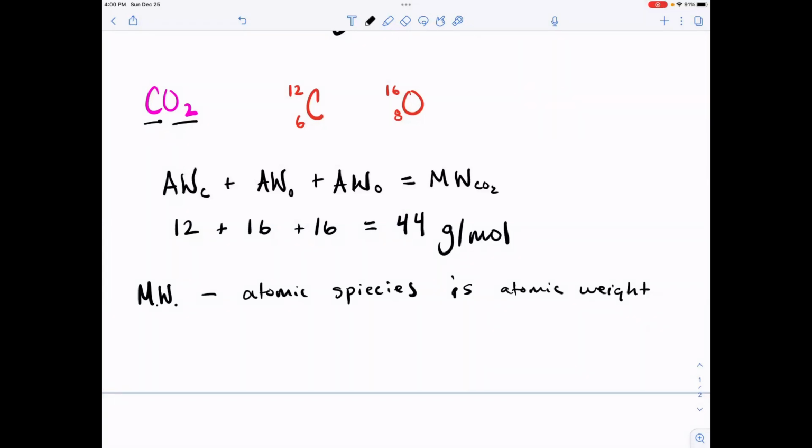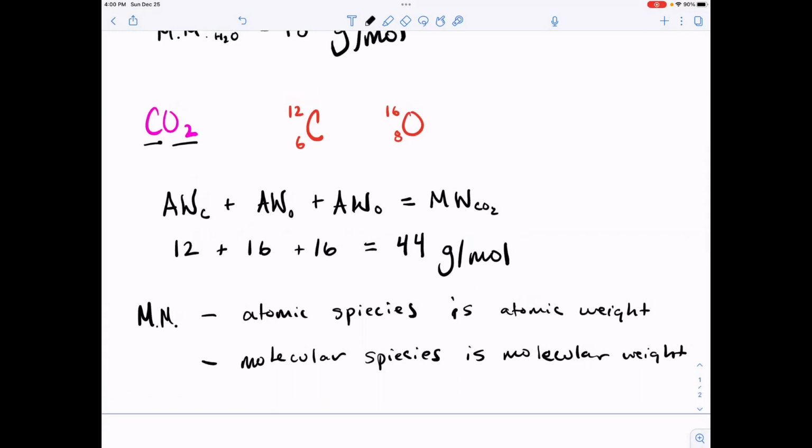And the molar mass for a molecular species is the molecular weight. But the molecular weight is nothing more than the sum of all of the atomic weights of the elements in the molecule. Okay, and that's pretty much it for molar mass.